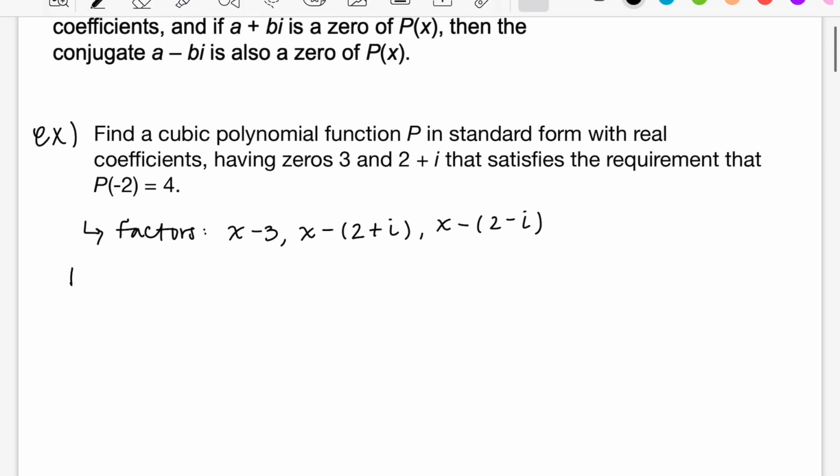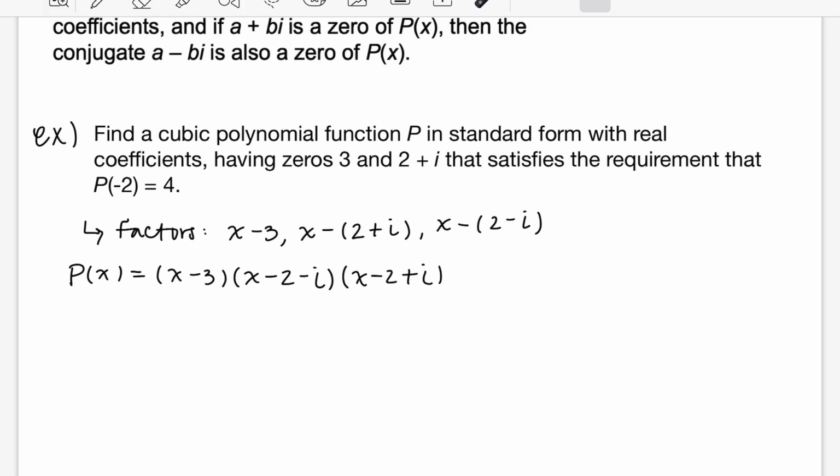So what we can do is write our function, right? So that is our polynomial, let's say with these 3 factors here. And so what we'll do is multiply these guys.